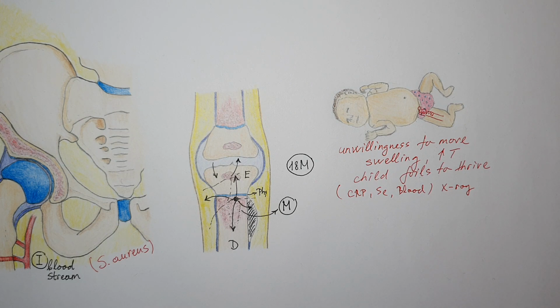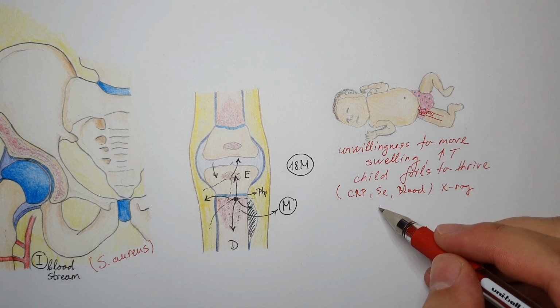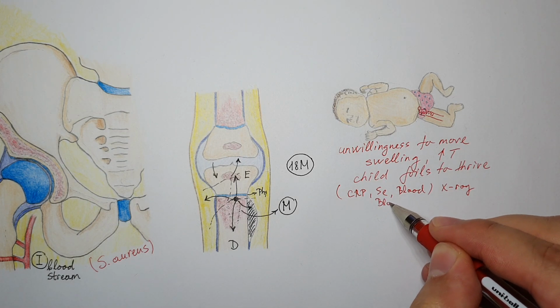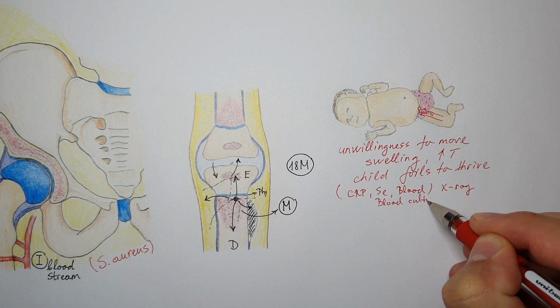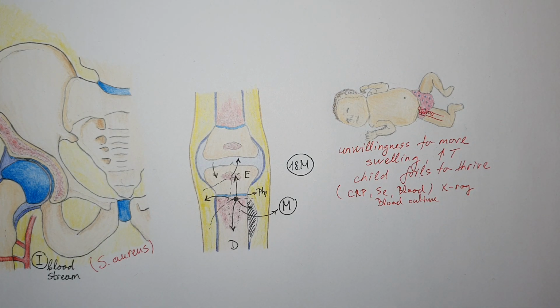X-rays in acute early osteomyelitis are only good to rule out other conditions that could cause the problem. Also, blood cultures can be taken, but they are positive in only 30 to 50% of the cases.